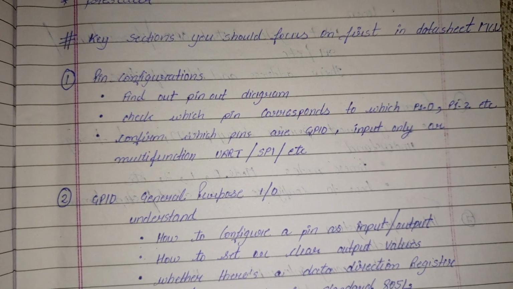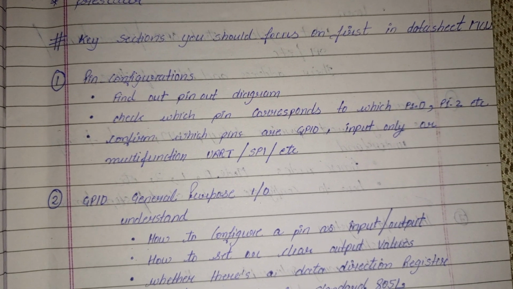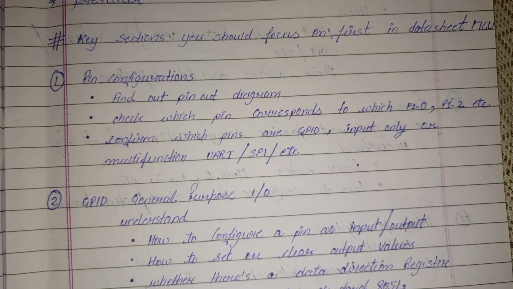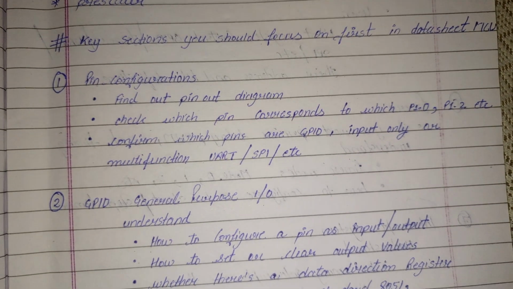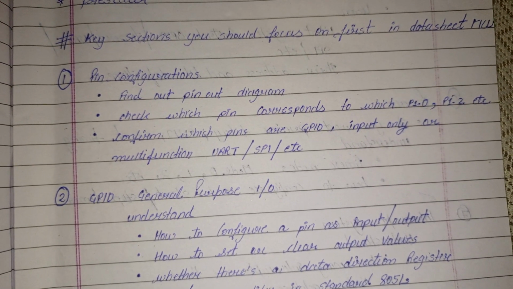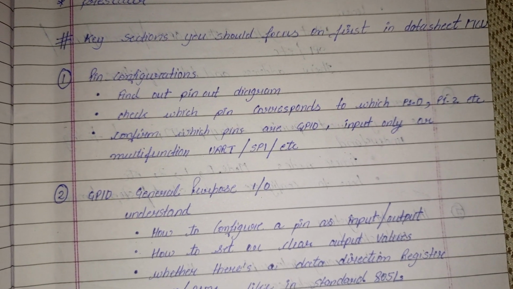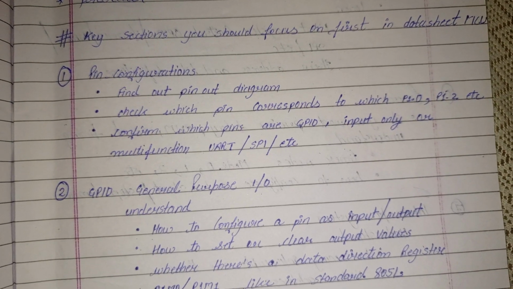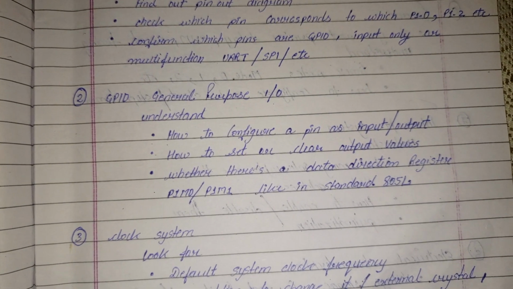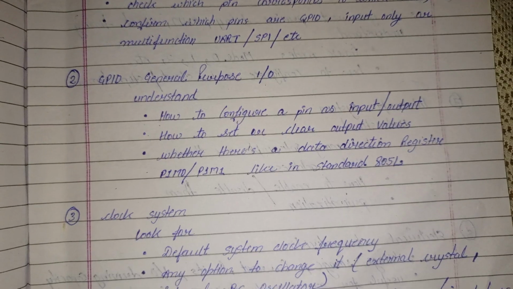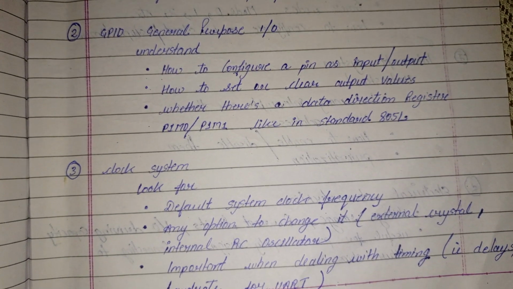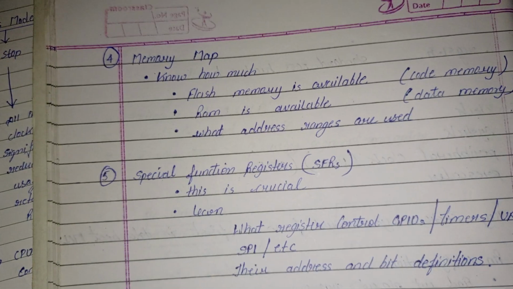Here is the one question which is asked to me: how to read a datasheet. When you open the datasheet, first we have to check the pin configuration, GPIO (general purpose input output pins), then the clock system.